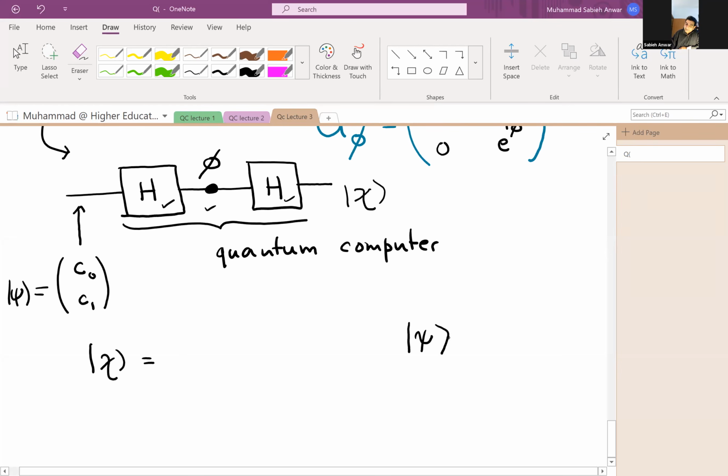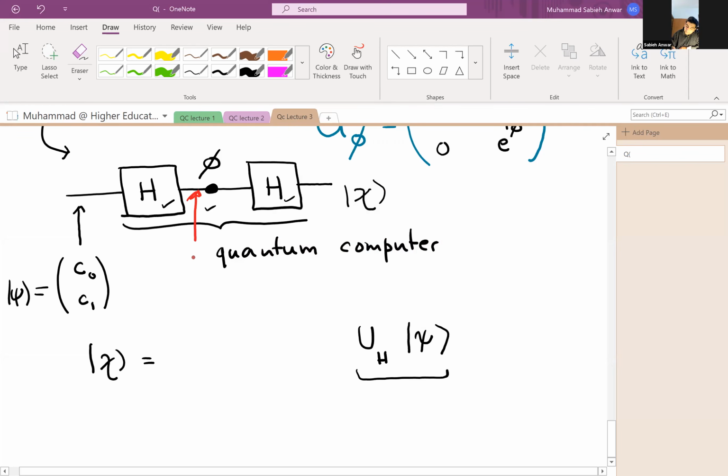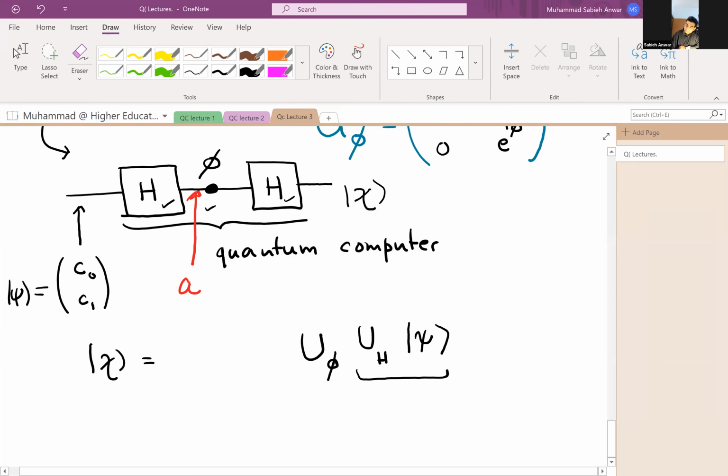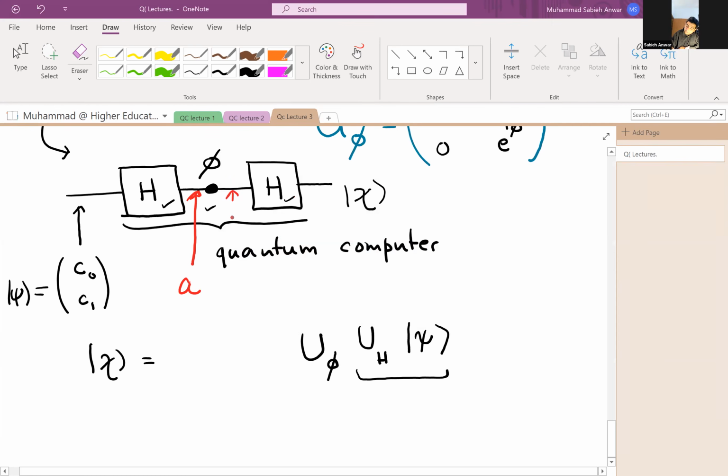The first matrix that acts on this input state is the Hadamard matrix, UH. So this will be the state that is created at this point here, A, at this interim position, but you don't look at it. Then you have the phase gate, U phi, acting on the state that is produced at A. When you've applied this gate, you are at position B.